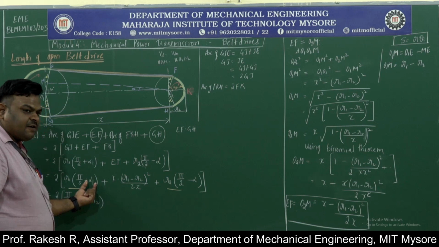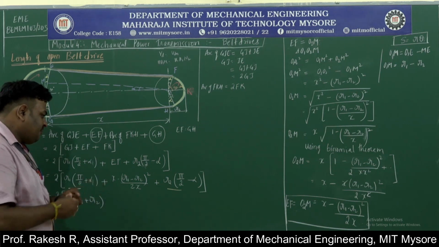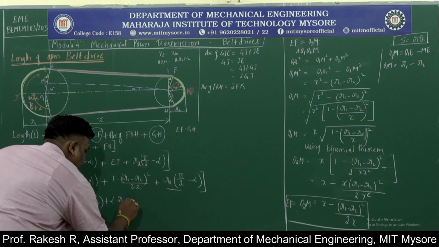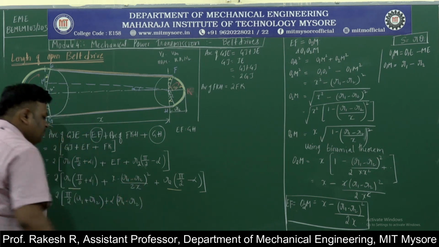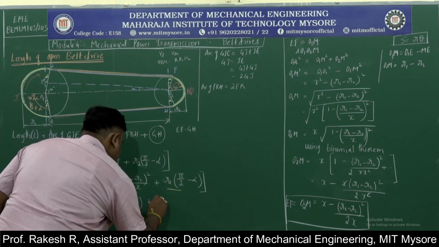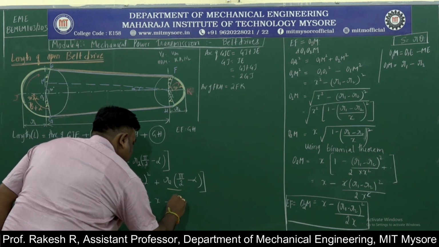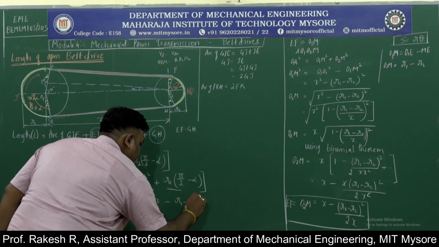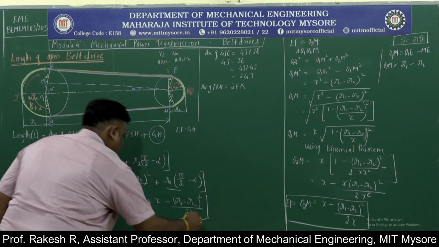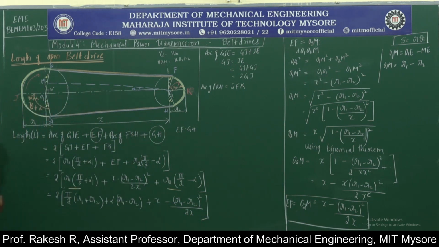If I take alpha common, alpha into R1 minus R2. So that is the next equation, R1 minus R2 plus x minus R1 minus R2 whole square divided by 2x. So this is an equation.